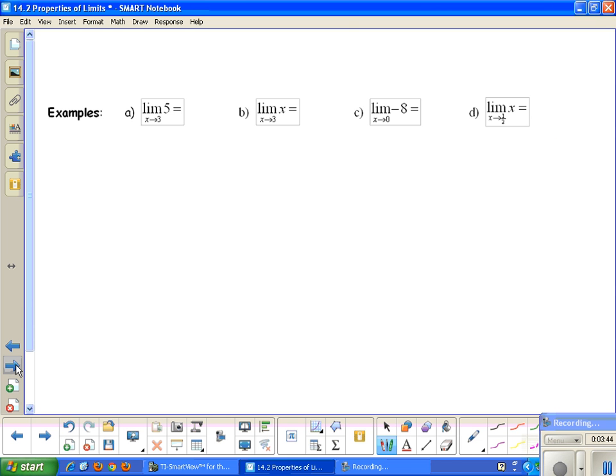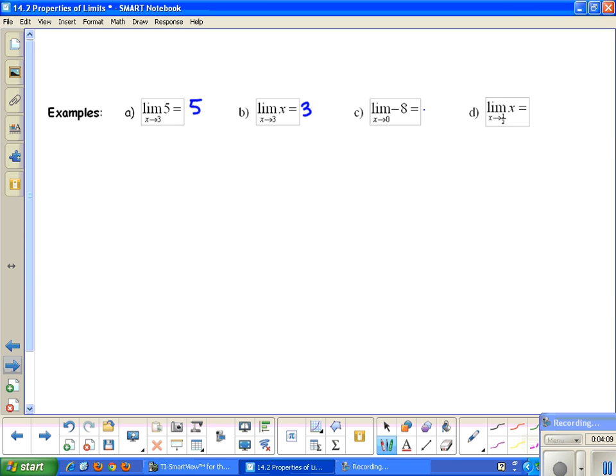Now, just to look at these really quickly, so if I wanted to do the limit as x approaches 3 of 5, of course this is a constant function, so my answer would just be 5. For the next one, this is the identity function, so the limit as x approaches 3 of x, if you plug 3 in for x, you get 3 out for a y value, so that would be your answer. For the next one, we have the limit as x approaches 0 of negative 8.